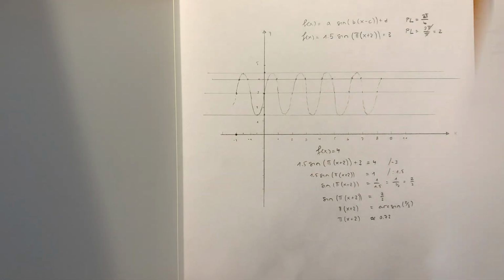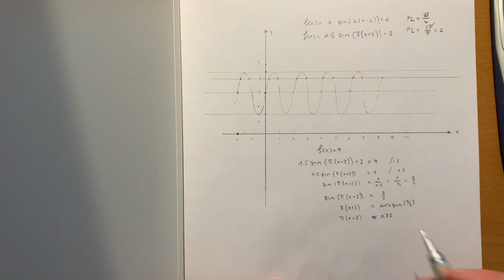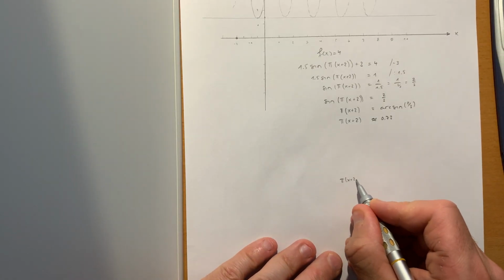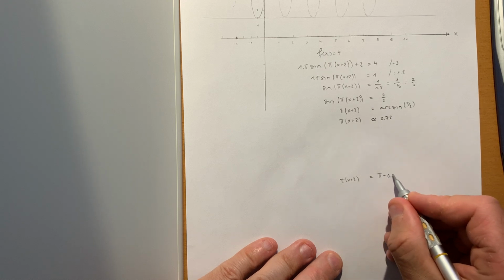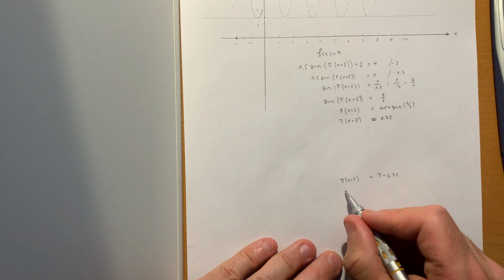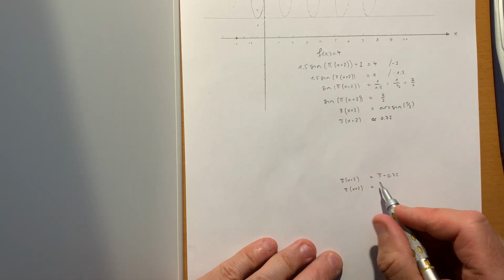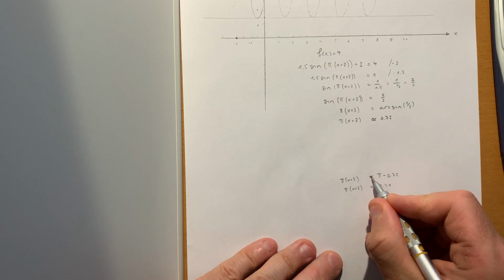And then, look, the second value for the sine is 2.41. So this is the first value. And the second value is going to be pi x plus 2 is pi minus 0.73. Well, pi x plus 2 is 2.41 approximately. Okay?